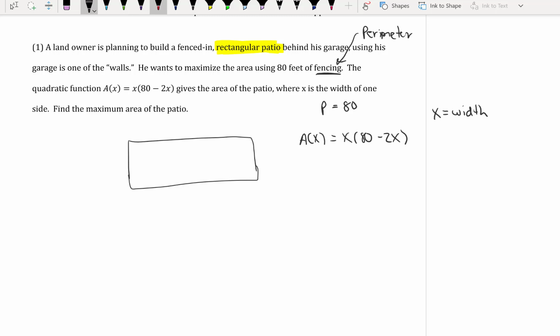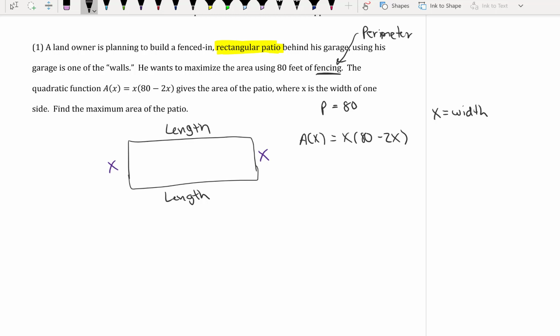First, I know that I have a width. So this is width, and over here, I have my length. So I have length and I have width, and I have 80 feet of fencing here.